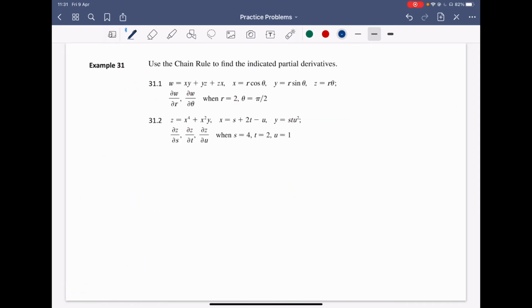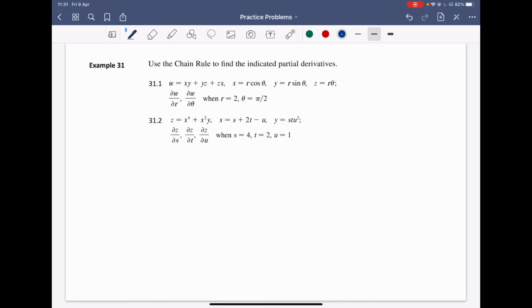Example 31 here. I want you to use the chain rule to find the indicated partial derivative. In this case you will see that the diagram is so important, because in order to use the chain rule, you need to draw a diagram.